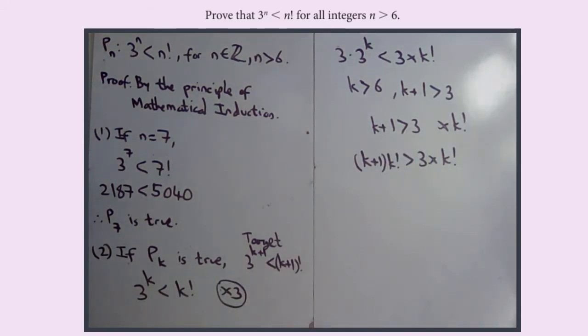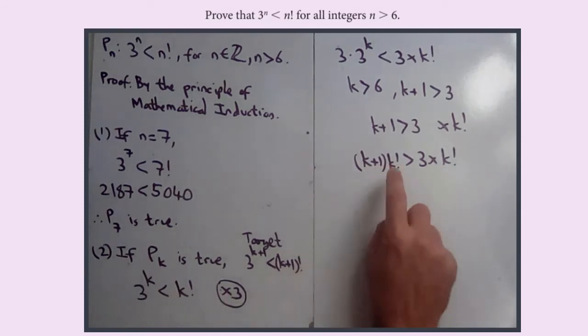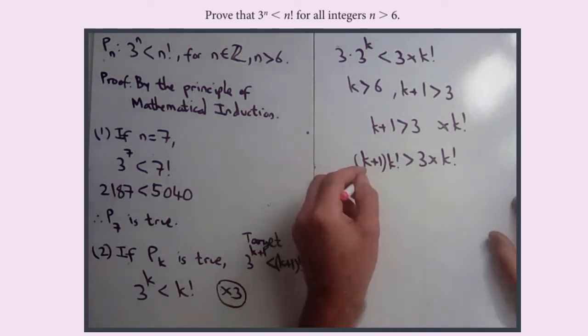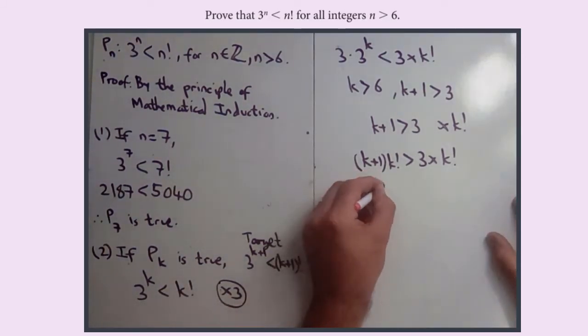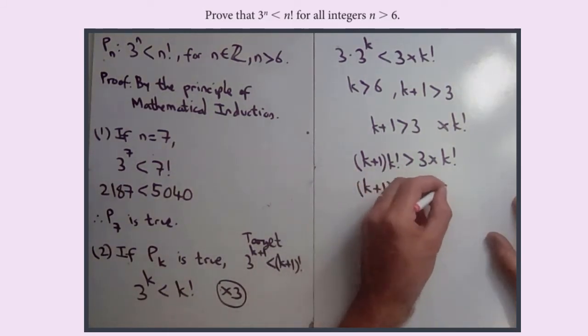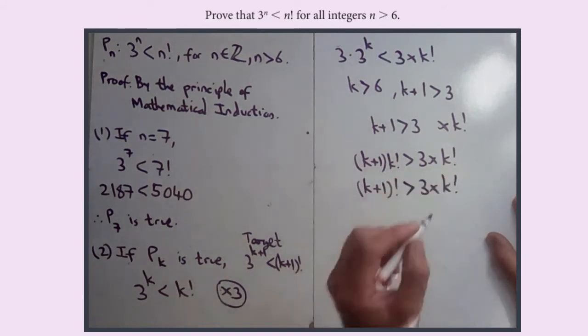Now, as I was saying earlier, k plus 1 times k factorial is k plus 1 factorial, because it's k plus 1 times k times k minus 1, all the way down to 3 times 2 times 1. So this is k plus 1 factorial, which is greater than 3 times k factorial, right?